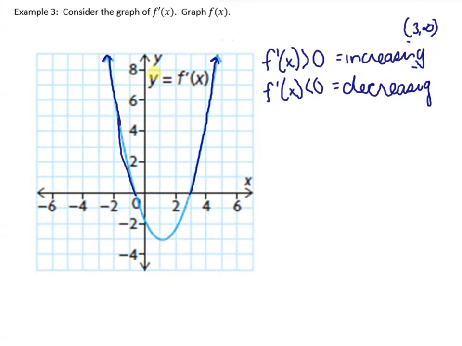We're also going to be increasing between negative infinity and negative 0.5. Let's change the color here. We're going to be decreasing when f prime at x is less than 0, so we're going to be decreasing on negative 0.5 to 3.